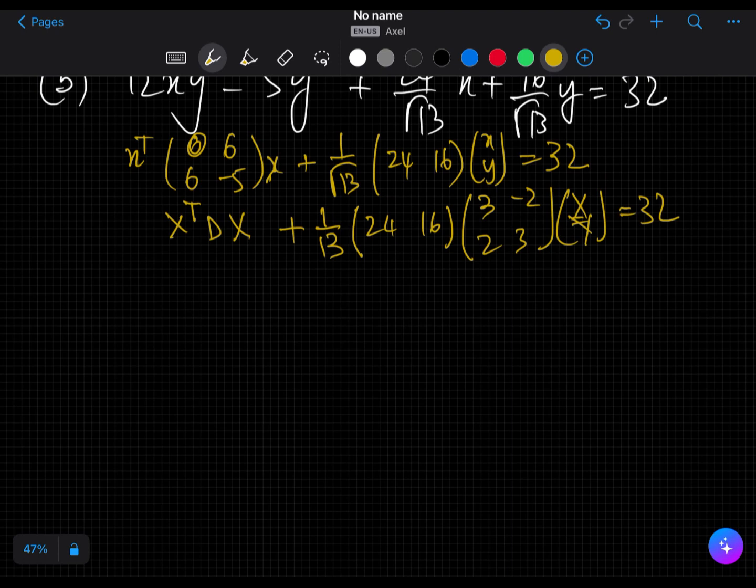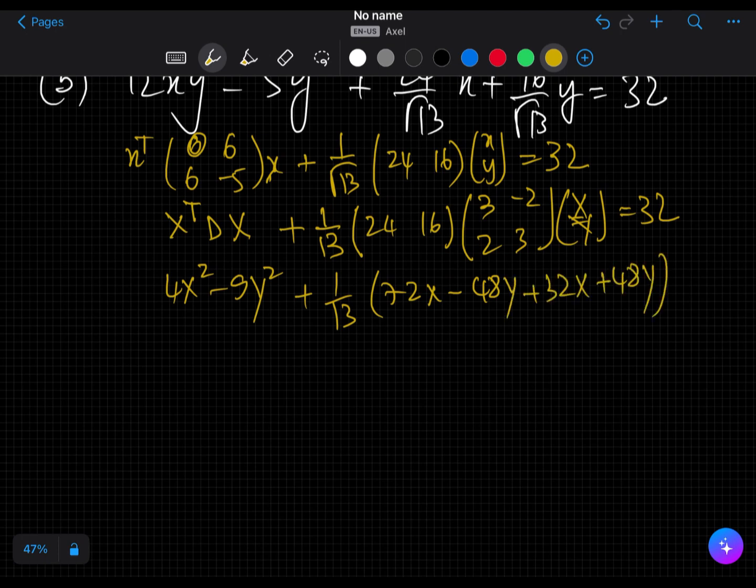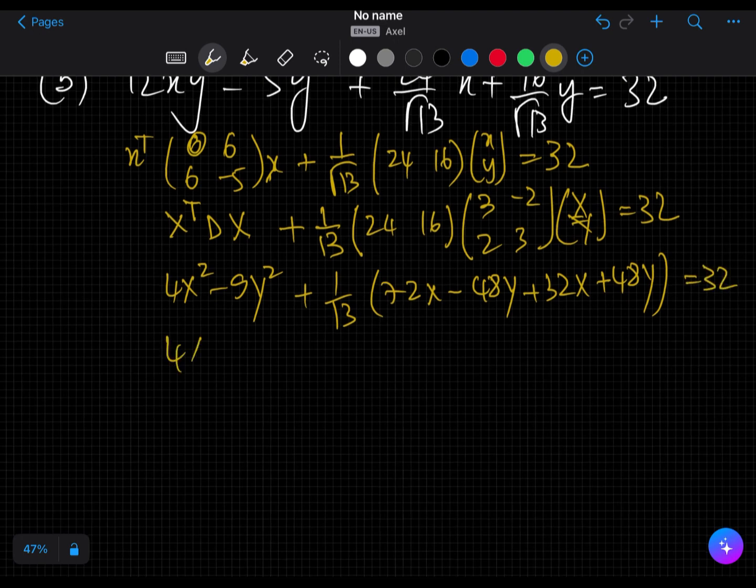We can simplify this. We know already this one will give us 4x squared minus 9y squared, which we found previously, and this one will give us 1 over square root 13 times 72x minus 48y, plus 32x plus 48y equals 32.